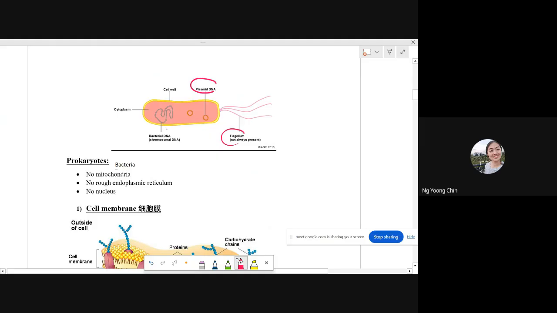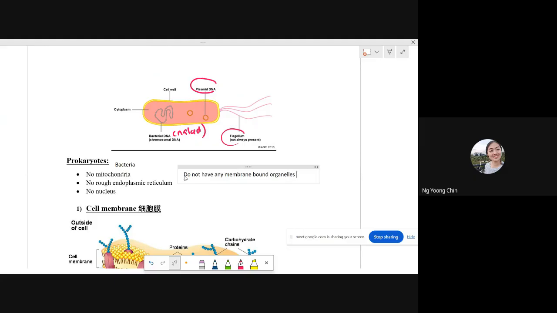So it is naked. In the prokaryotic cell, they do not have membrane-bound organelles. So there's no mitochondria, RER, or nucleus, because they do not have any membrane-bound organelles.